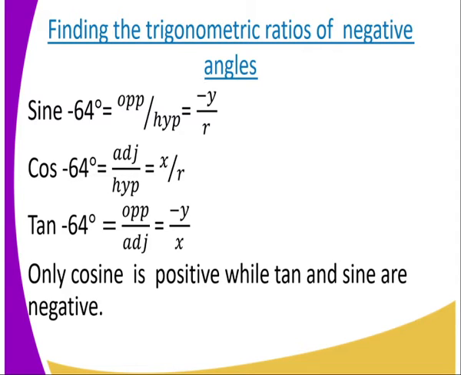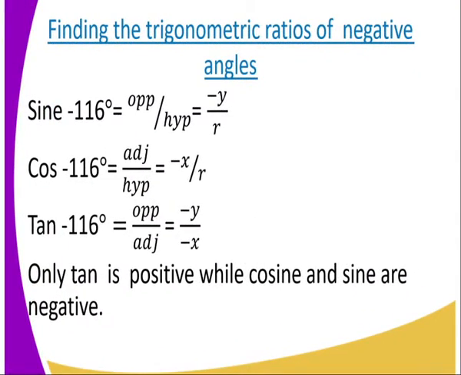Tan negative 64 degrees is the opposite divided by the adjacent, which is negative y divided by x. If you are keen, the fourth quadrant properties are the ones taken: only cos is positive, while tan and sine are negative.